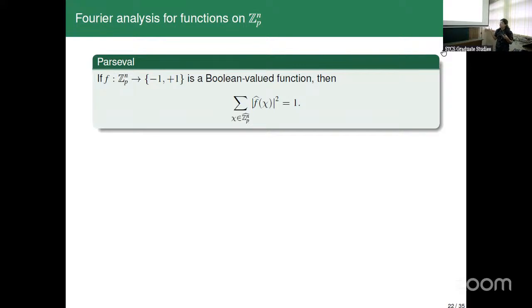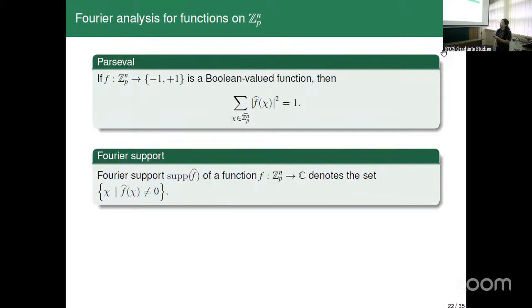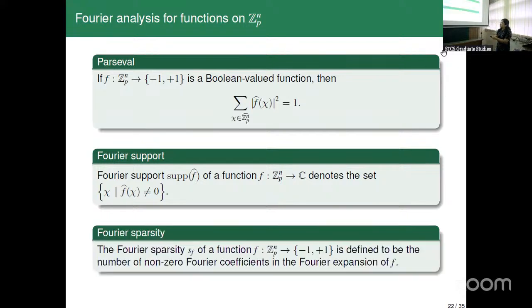We take the absolute value because in this case the coefficients are complex numbers. This is the magnitude. And the Fourier support is the set of all characters corresponding to which the coefficients are non-zero. And Fourier sparsity is the number of all non-zero Fourier coefficients of f. So Fourier sparsity is the size of the Fourier support.